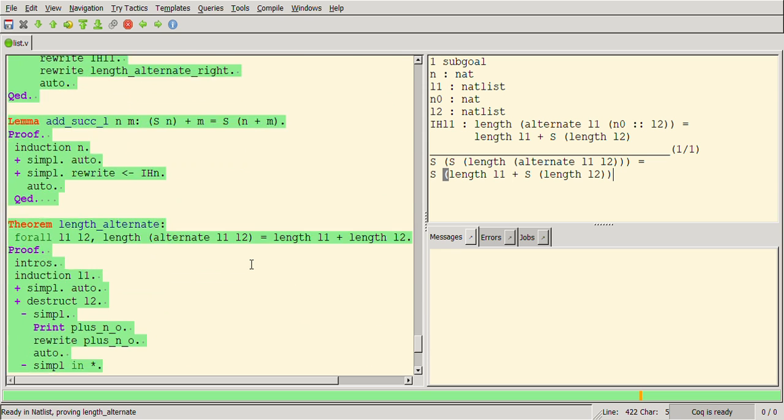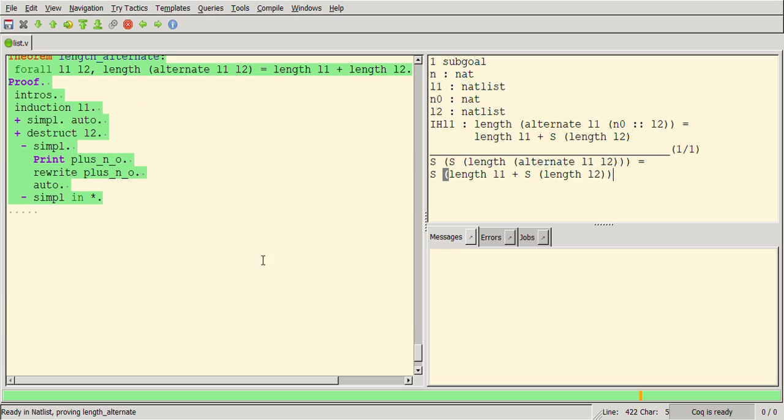Let me first try to change the order of this plus operator, length L1 and successor of length L2. I just want to change the order of this. Rewrite plus commutative. We have two successors here, and one successor is internal to the parenthesis.